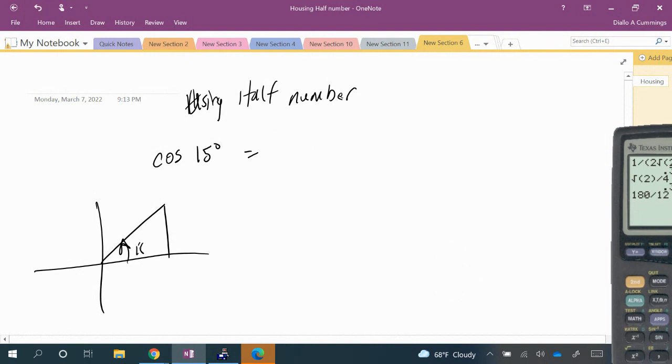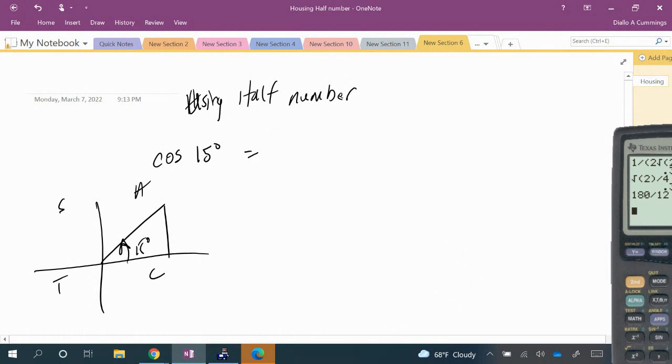So if I'm in the first quadrant, right, all students take courses. So that means the cosine has to be positive, right? It all depends on where your angle lies, it determines the sign, okay?